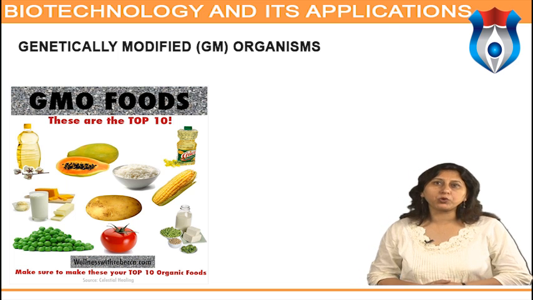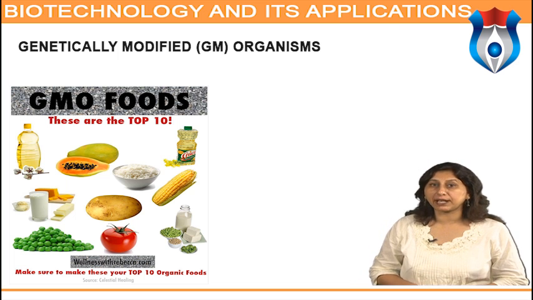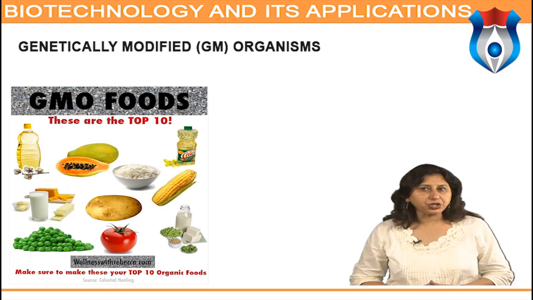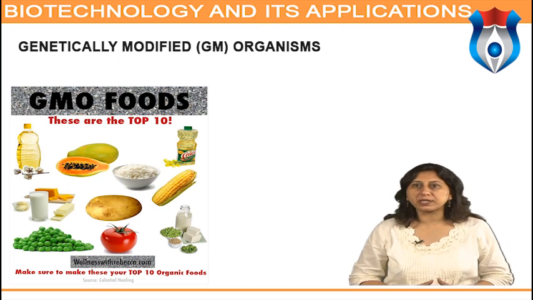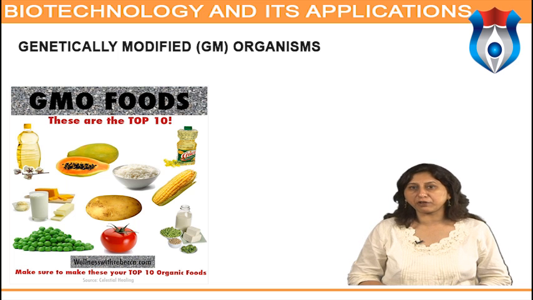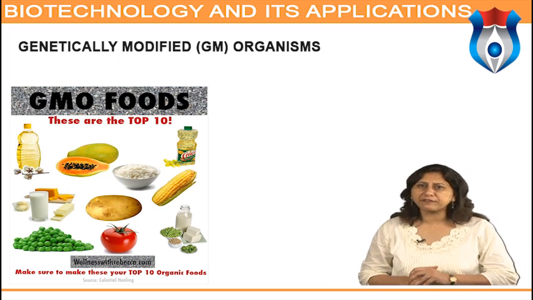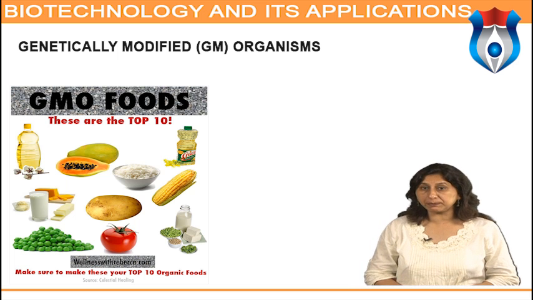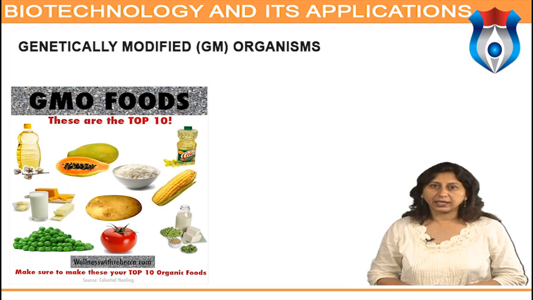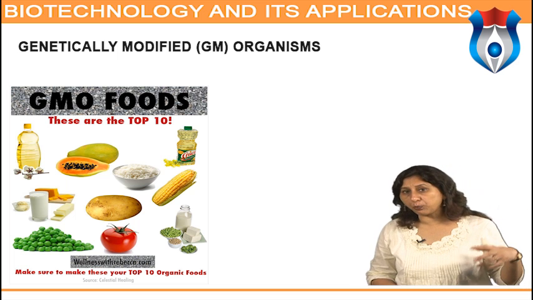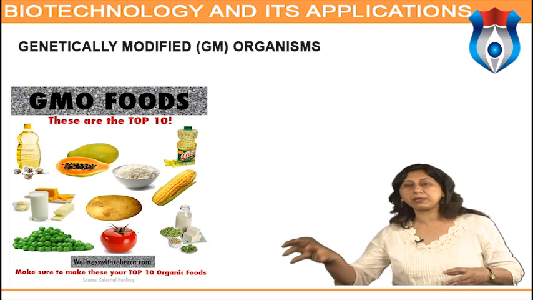This is still the most widely used technique for developing new varieties of a crop and is limited by natural barriers which stop different species of organisms from breeding with each other. Genetic modification is very different to these traditional plant breeding techniques. It is a technology which allows scientists to take genes from one organism and put them into another.